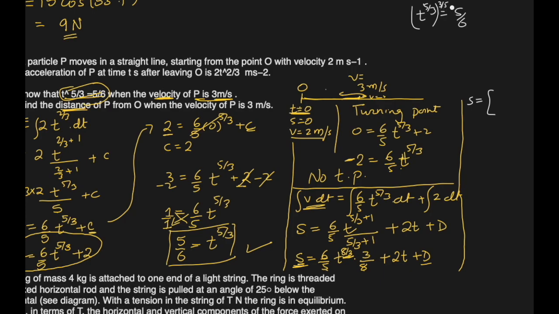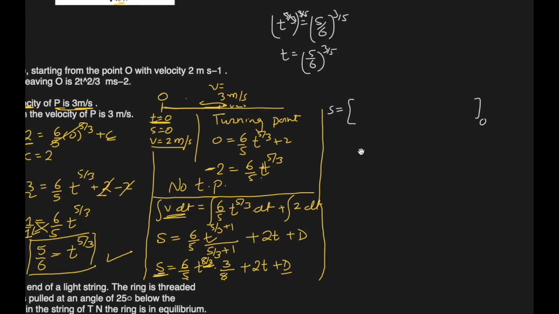If I raise both sides to 3/5, this 5 third and 3/5 will cancel out. They multiply to 1. So t is 5 sixth to the power 3/5, and this is the time we will use from 0.